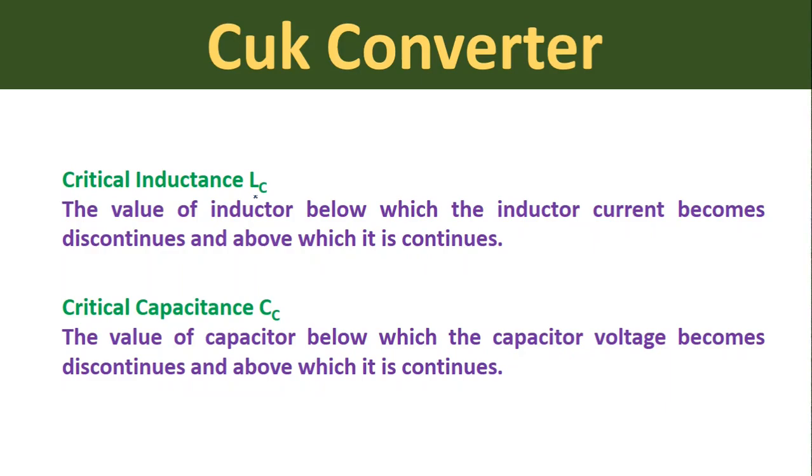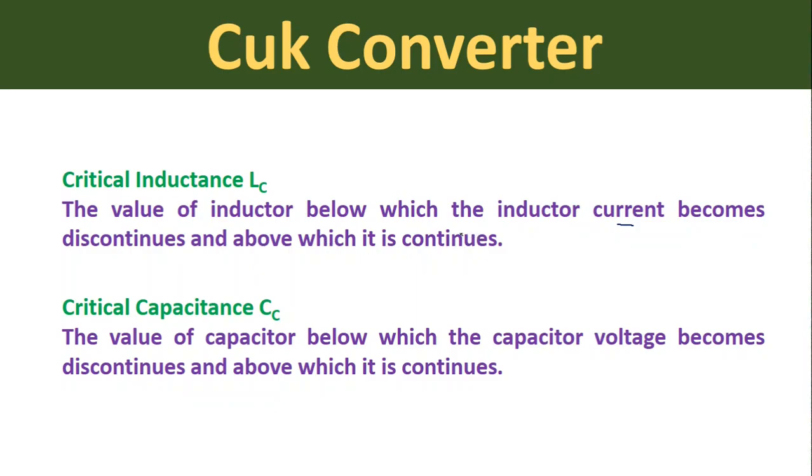Next we are going to derive the critical inductance and critical capacitance. Before that we have to see the definition of critical inductance and critical capacitance. What is critical inductance? The value of the inductor below which the inductor current becomes discontinuous, and above this value the inductor current will be continuous.